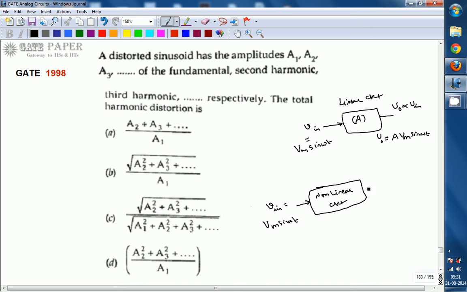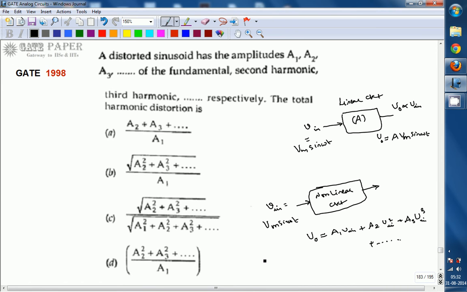But because of non-linearity, the output is not only proportional to the input signal frequency, it is also proportional to some other frequencies. The general equation for the non-linear relationship between output and input is expressed like this: V0 is equal to A1 Vin plus A2 Vin square plus A3 Vin cube plus and so on.